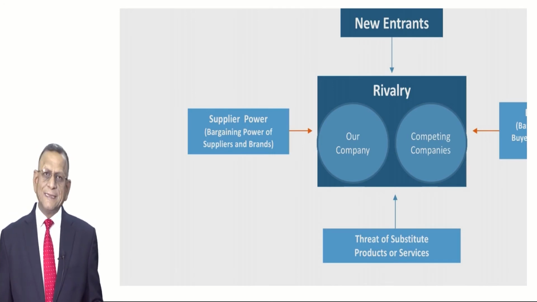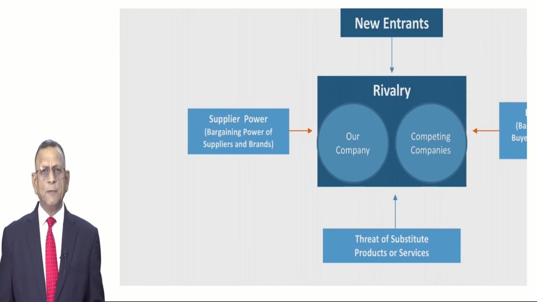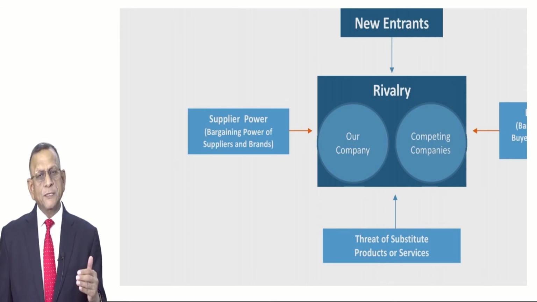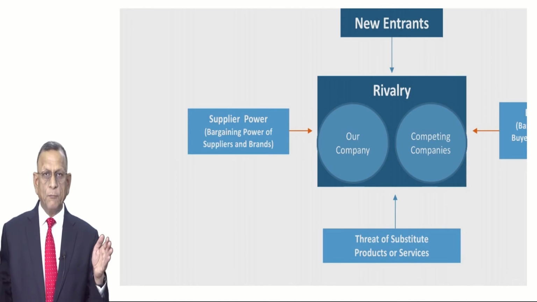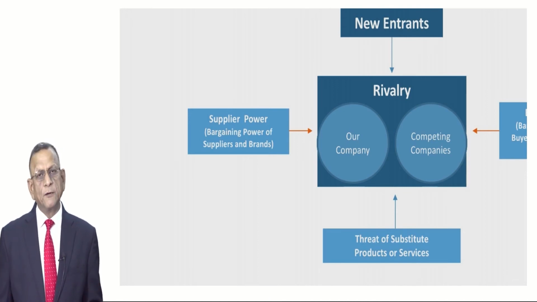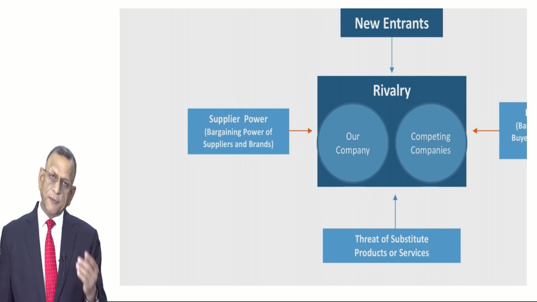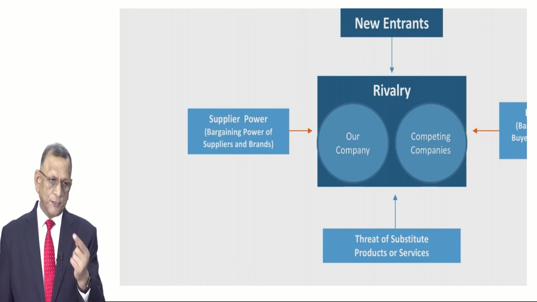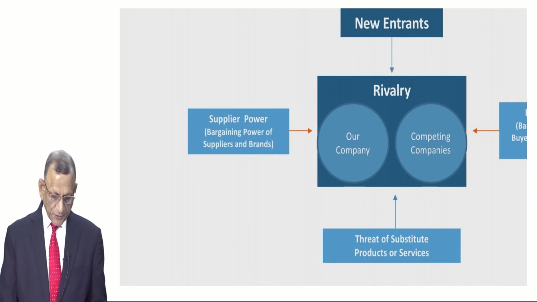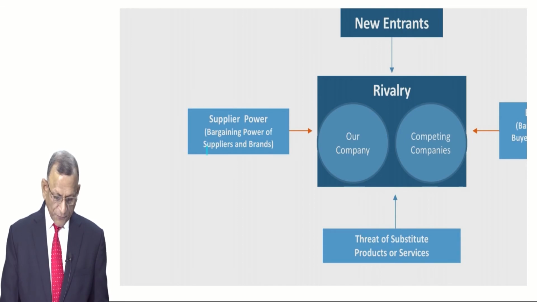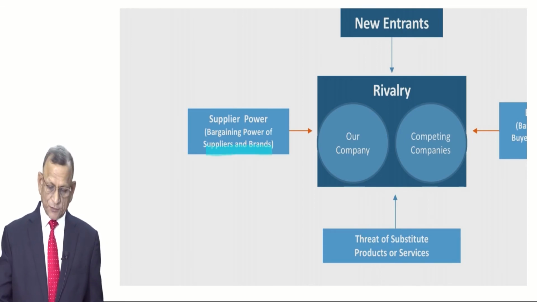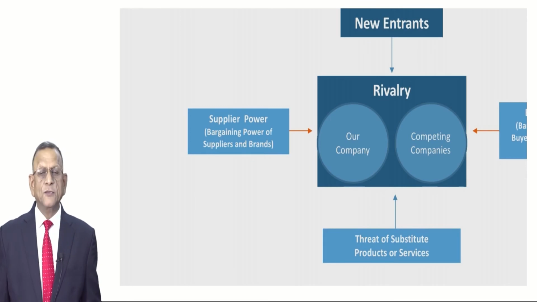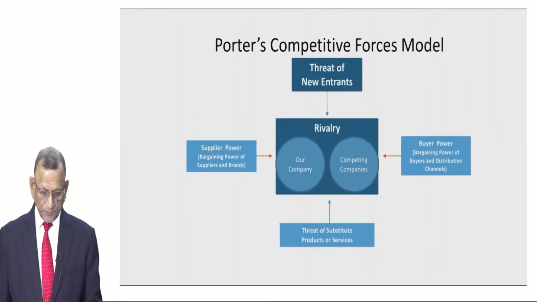If you are buying less than that, we will not sell to you. Alibaba will sell you only if you are buying in bulk quantity. But Flipkart or Amazon will be able to sell you even if you are buying a single unit. So that's the difference between the two. So this is the bargaining power of suppliers and brands. You are trying to sell their products, so they'll demand whatever they are in a position to demand.